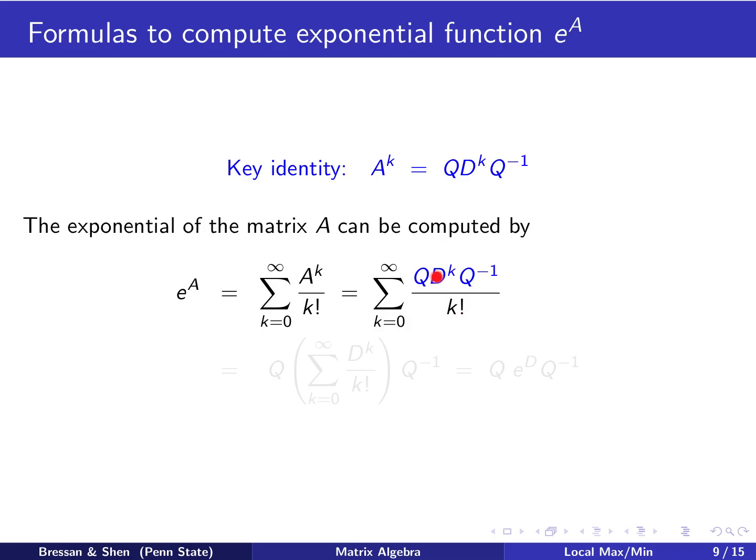The term that depends on k is D to the power k over k factorial. So we can move the Q and the Q inverse outside the summation sign. So that's how it would look after we move the Q out on the left and the Q inverse out on the right, and then we have this summation over k. And we see that this summation here we derived earlier is exactly the exponential of this diagonal matrix D, and we know how to write that out. And then you have Q on the left and Q inverse on the right, and that will be the exponential of A.